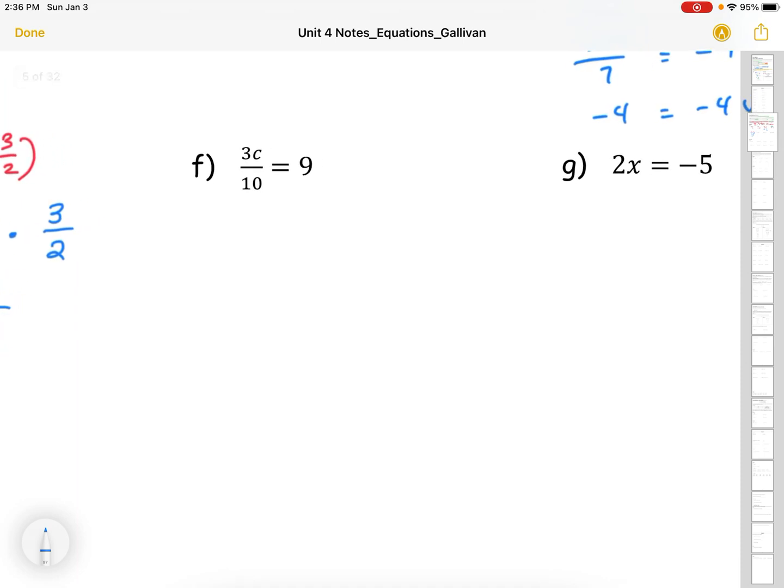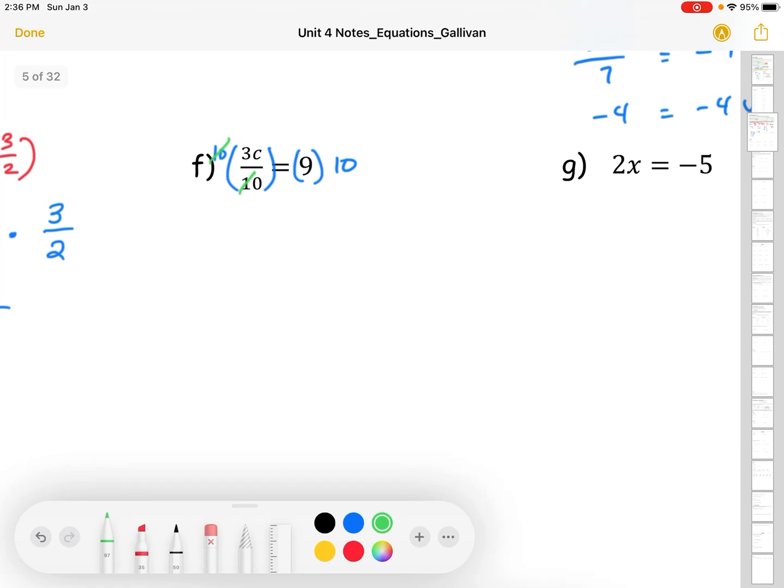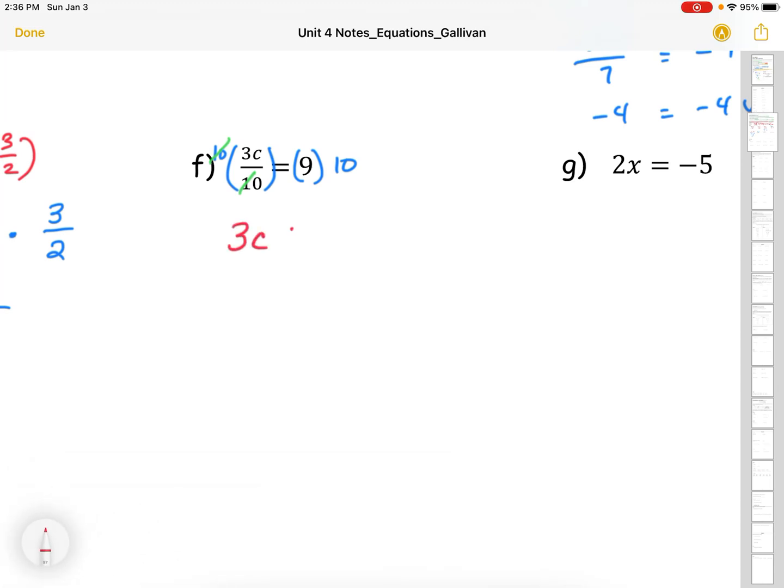Okay, 3/10 c equals 9. Now we can do this, I'm going to break it down, I'm going to do it in 2 steps just to show you how this exactly works. So first I'm going to multiply by 10 to get rid of my denominator. So when I do that, I'm left with 3c is equal to 90.